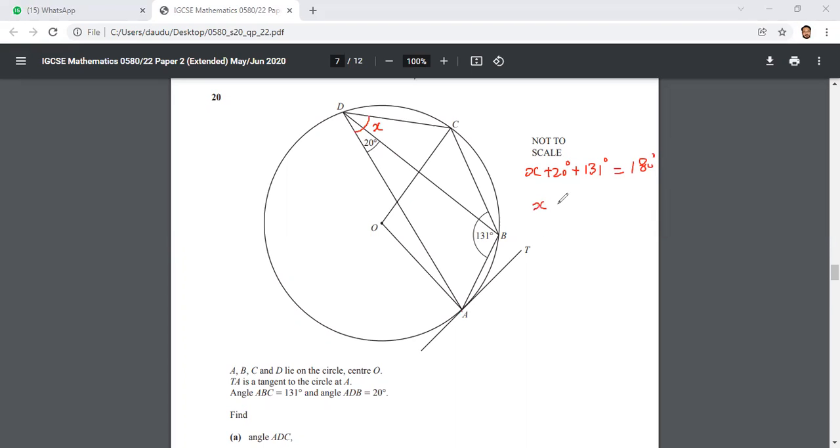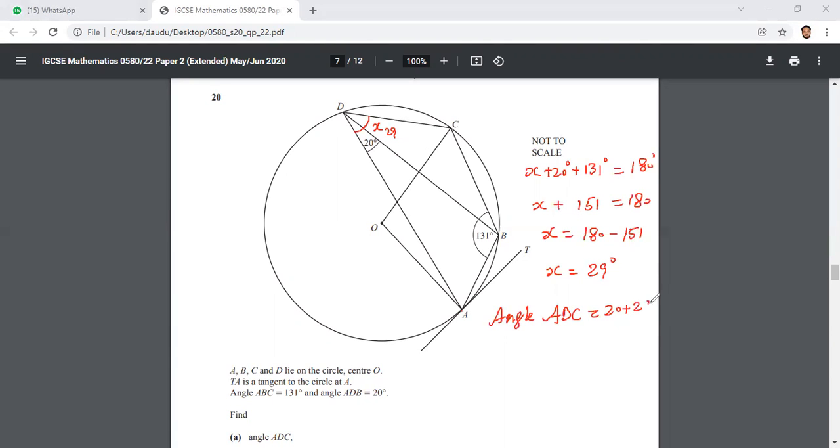If we simplify, this would be 151 equals 180. So x is equal to 180 minus 151, which gives us 29. Yes, it is 29. But this is not our answer. They want angle ABC, the full angle. That means 29 plus 20.